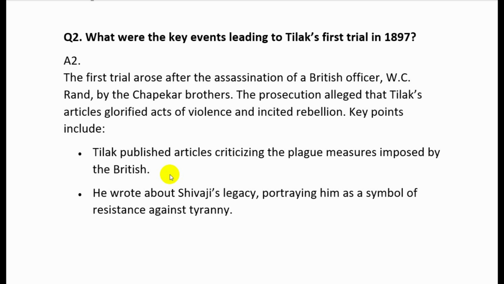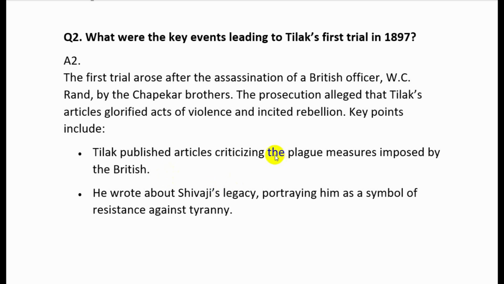The prosecution alleged that Tilak's articles glorified acts of violence and incited rebellion. Key points include: Tilak published articles criticizing the plague measures imposed by the British. He wrote about Shivaji's legacy, portraying him as a symbol of resistance against tyranny.